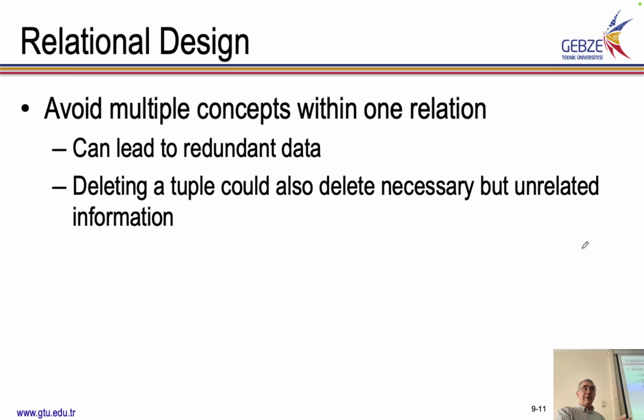You have to delete it from the patient database, not from the main database. But if you write it as a single line, when you say delete accident, you shouldn't delete it because there are other parameters. So deleting a tuple can delete multiple necessary items, unfortunately. So you need to separate different concepts.